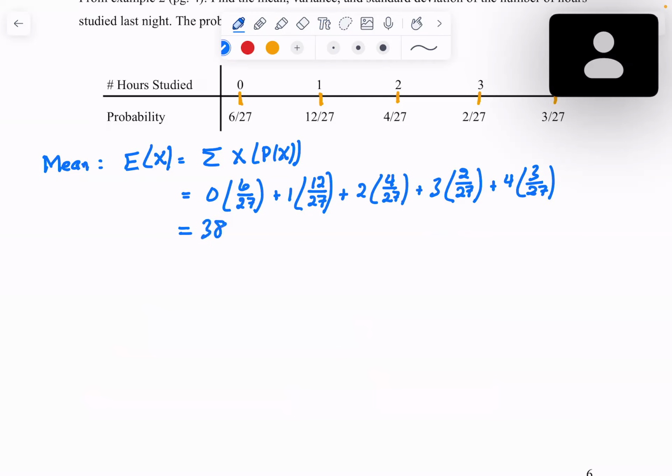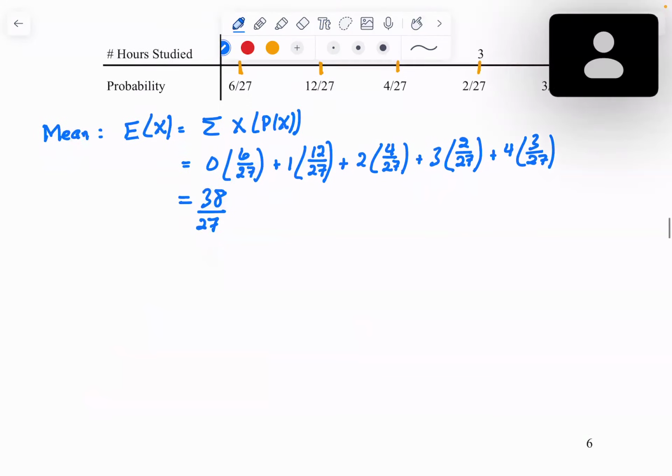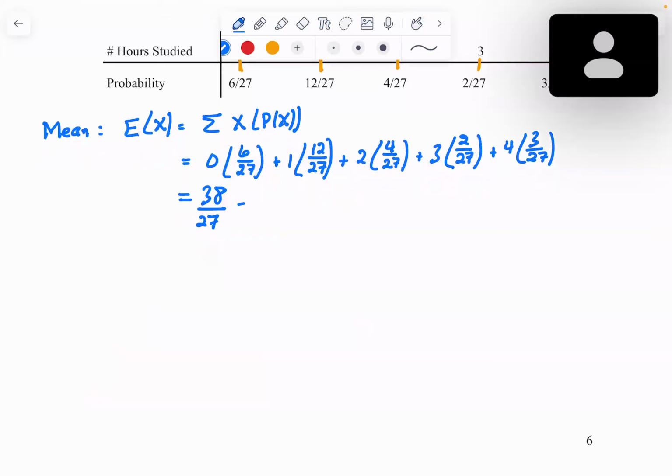So Mason got 38 over 27, and that is correct. If I round this to 3 decimal places, for convenience, this is 1.407. So that means the mean number of hours studied last night for this sample was roughly 1.4 hours. So that's how you find the mean.